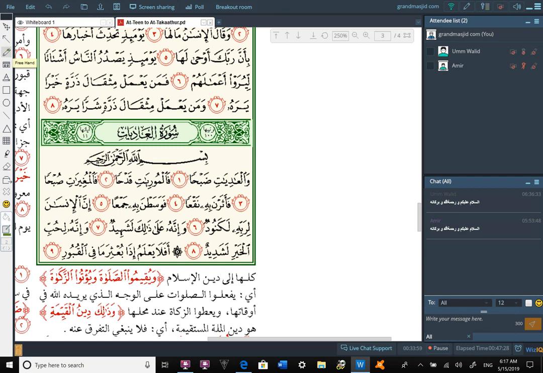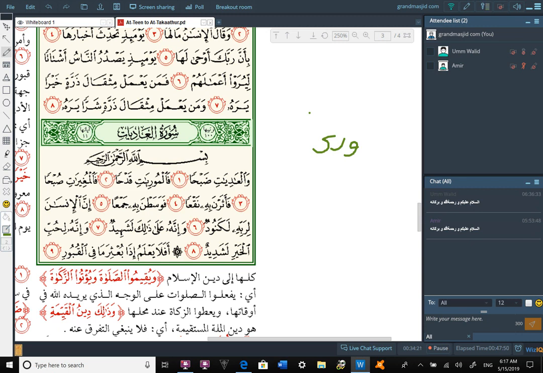فَالْمُورِيَاتِ قَدْحًا. Muriya comes from waw, ra, alif, meaning to strike or to start a fire. Here it's the feminine active participle.